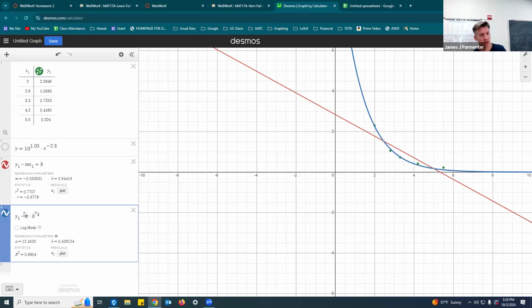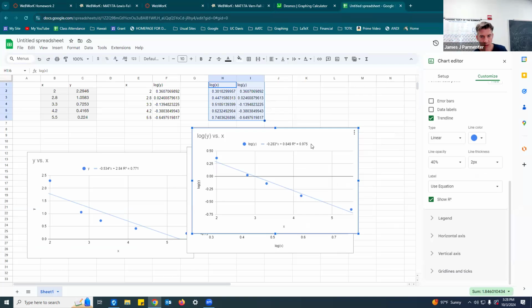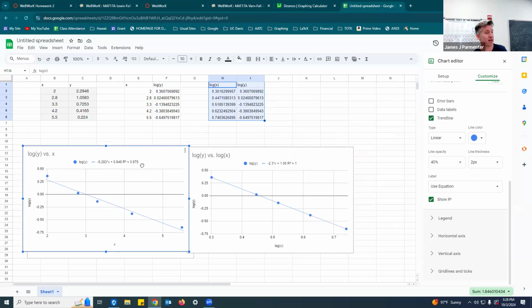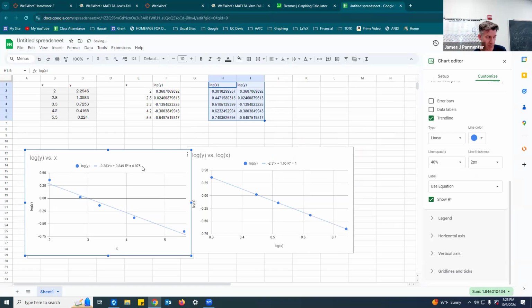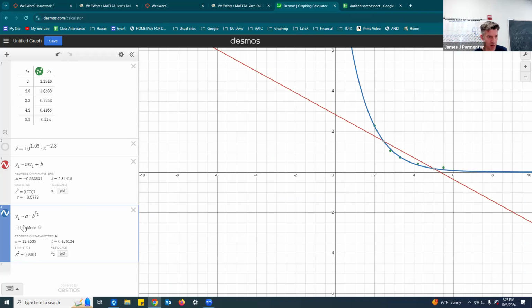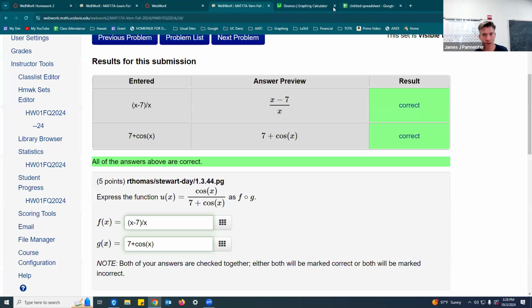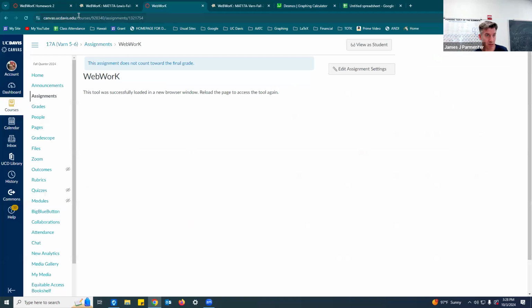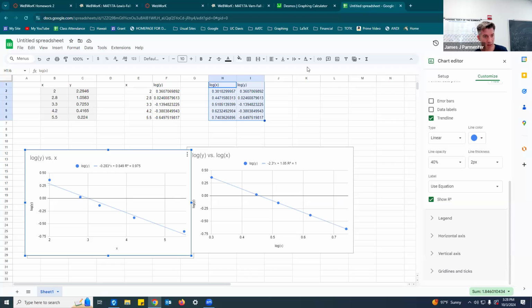And the r squared values I don't think match up, because for some reason, I will be perfectly honest, I don't know exactly the reason for this. But if you hit the log mode here, then the r squared values do match up. Yeah, 0.975. That's right.